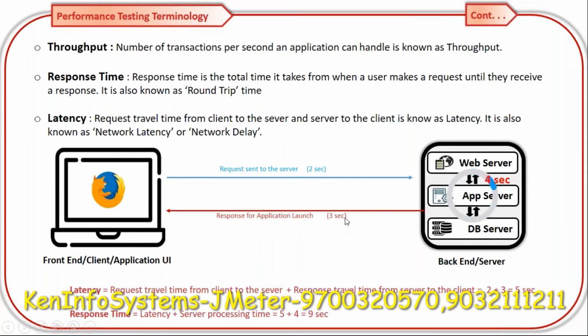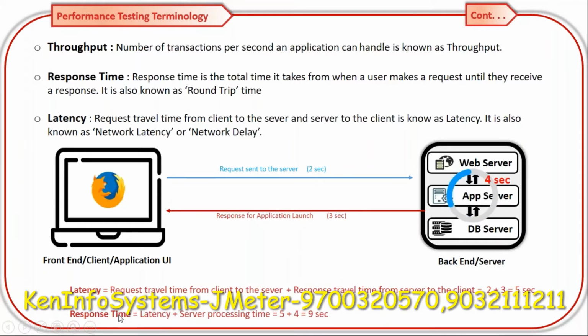See here, I give a formula. Latency is the request travel time from client to server, which in our example took 2 seconds, plus the response travel time from server to client, which took 3 seconds. So latency is the sum of these two, 2 plus 3, which is 5 seconds.